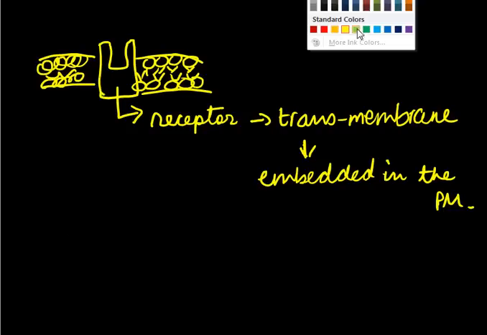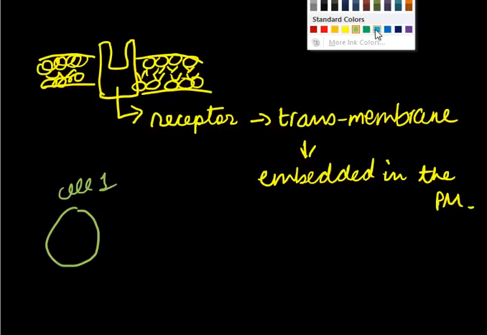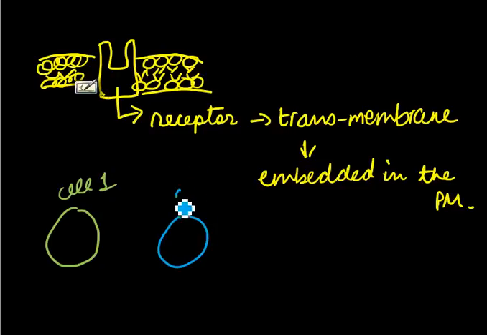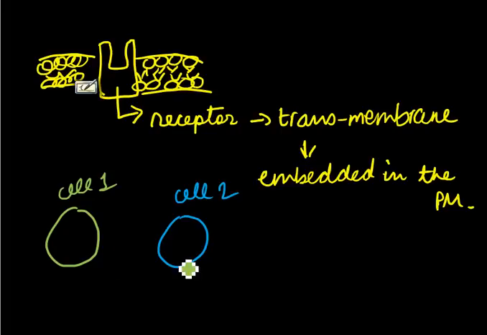Now let's say I have this cell here, and let me call it cell 1, and I have another cell here, which is referred to as cell 2. Cell 1 needs to transmit a signal to cell 2. How does cell 1 go about communicating something to cell 2?